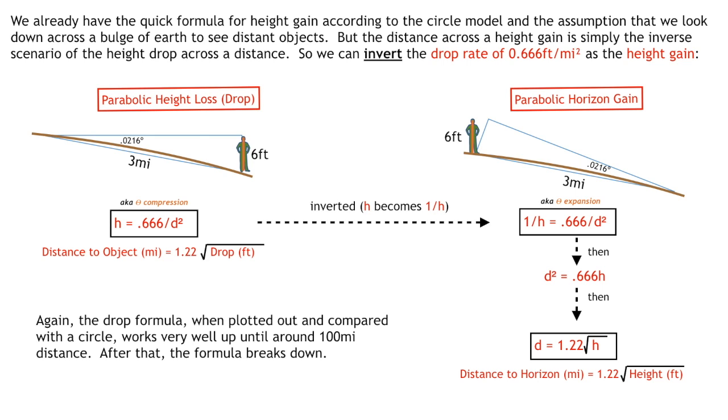And they are, again, very similar in that respect. So the parabolic horizon gain is much more accurate to a circle. But again, the drop formula, when plotted out and compared with the circle, works very well up until 100 miles, and after that, that aspect of the formula breaks down.